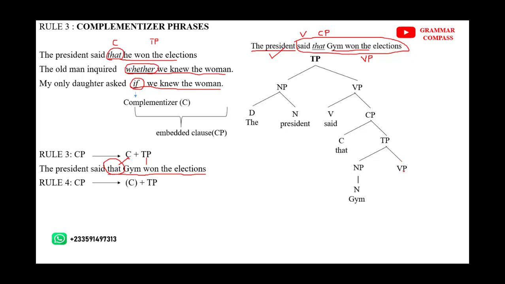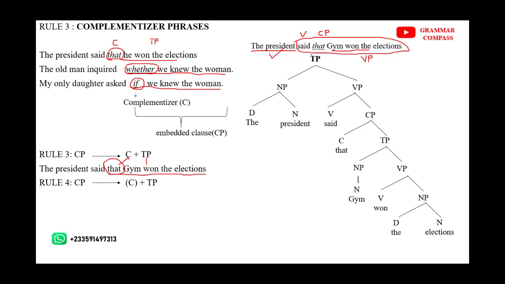So "won the elections" contains the verb "won" and then a noun phrase, "the elections". This noun phrase can be broken down to give us the determiner, which is the word "the", and then the noun, which is "elections". Now we have been able to represent this sentence on our tree diagram.